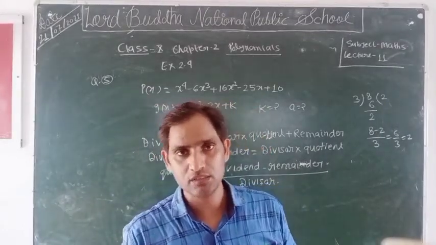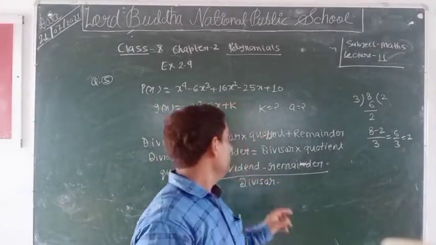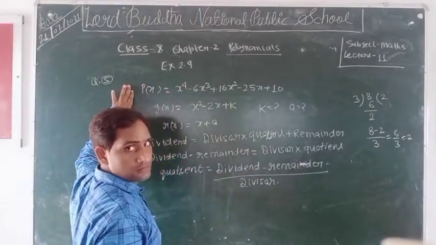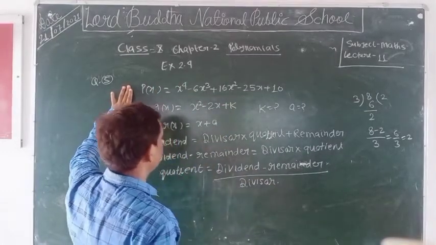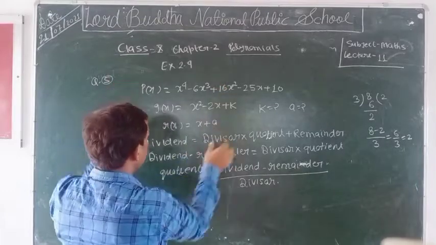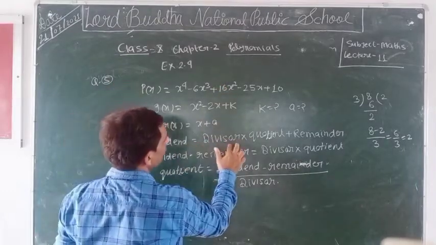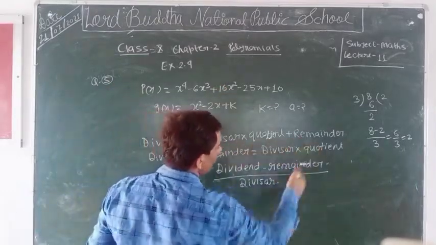We use this in the given question. First of all, we write dividend equal to divisor into quotient plus remainder.